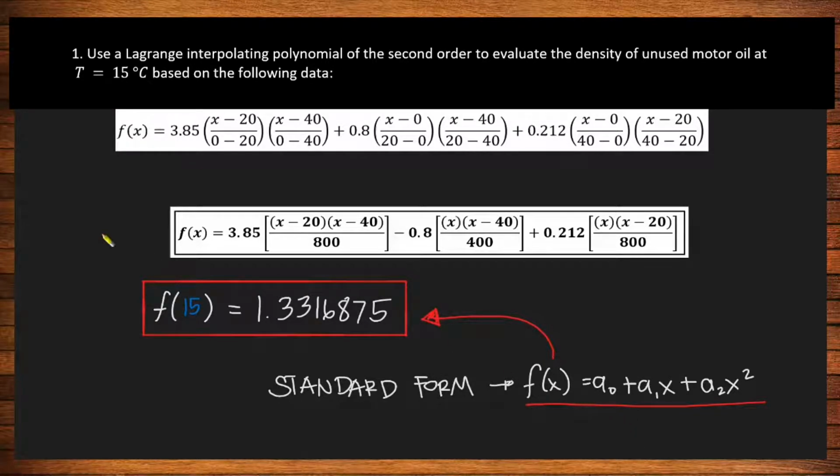Kasi again, sabi natin kanina, the polynomial that will pass through all the given data points is actually unique. Okay? So, iisa lang sila. Bali, yung pinagkaiba lang nila is the form in which they are written.